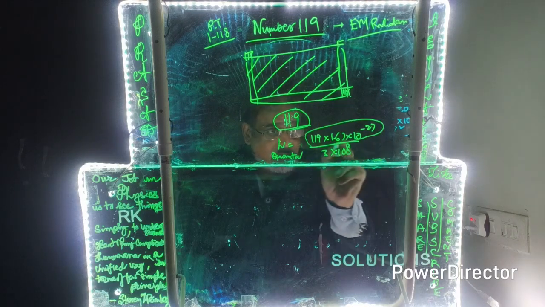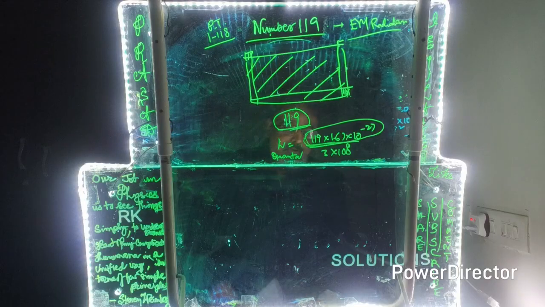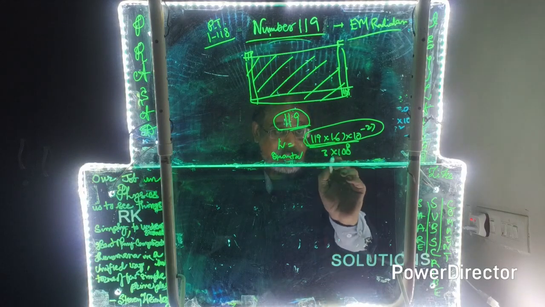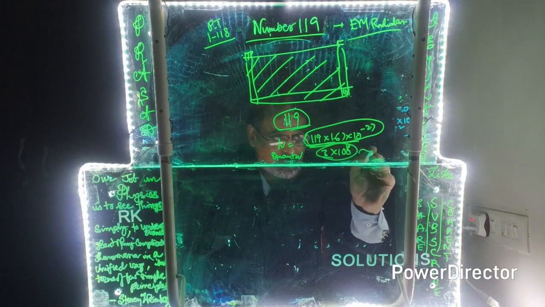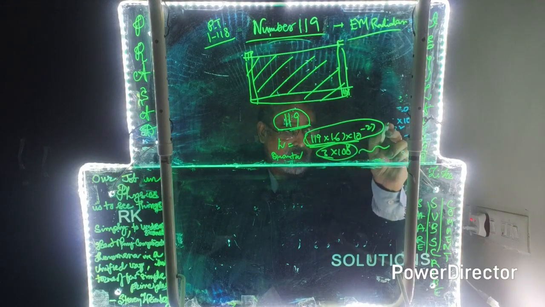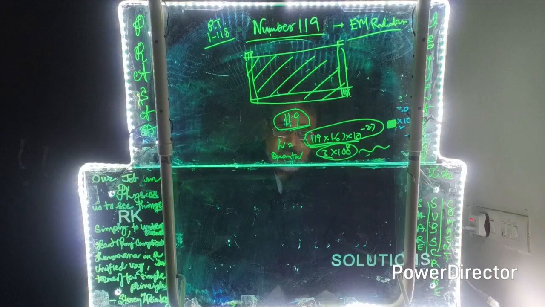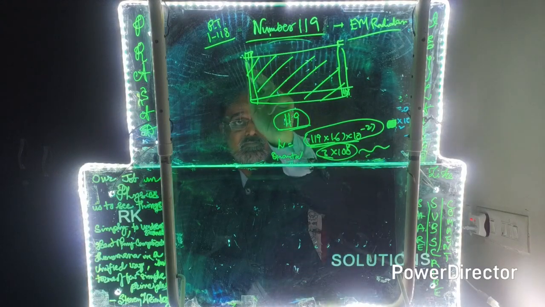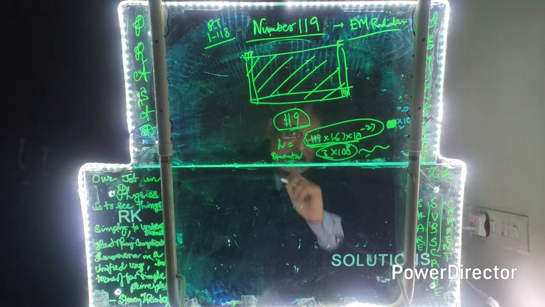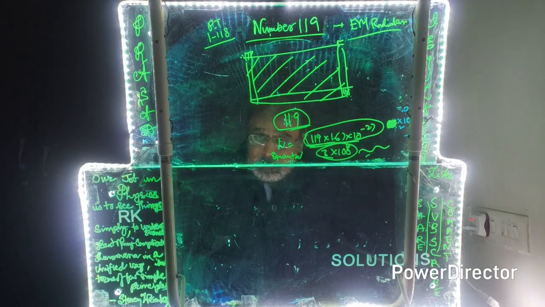These 119 protons come together and divide into these many particles, and this is a wave, this is a mass, and through electromagnetic radiation it supplies energy to all 118 elements. That's the importance of 119. That is going to be a totally different subject.